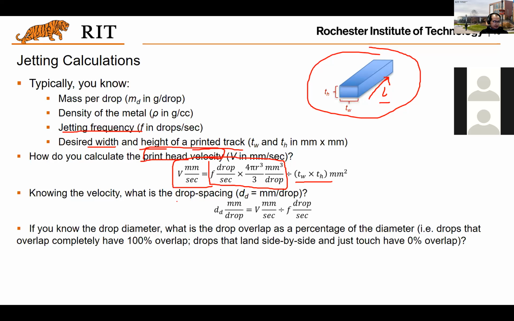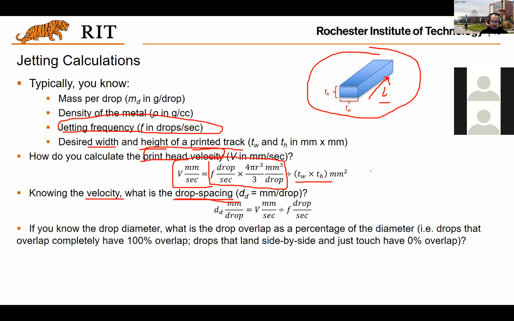So also you have known the velocity and what is the drop spacing. So basically, that is how you compute. Basically, you have to think of how the jetting frequency is related to this drop spacing.